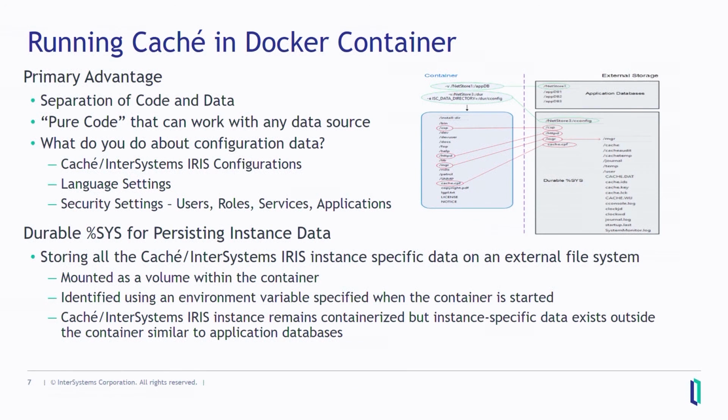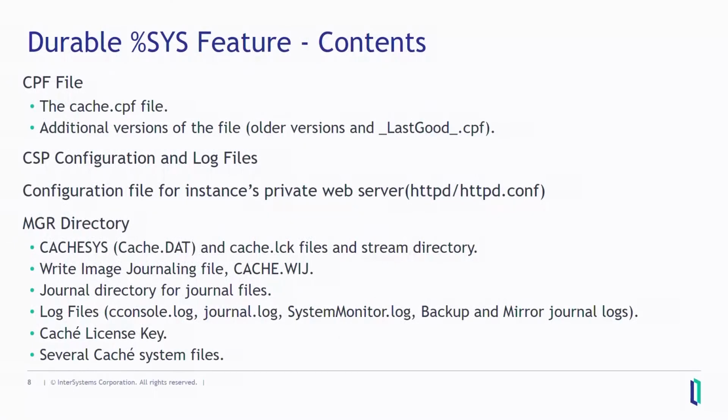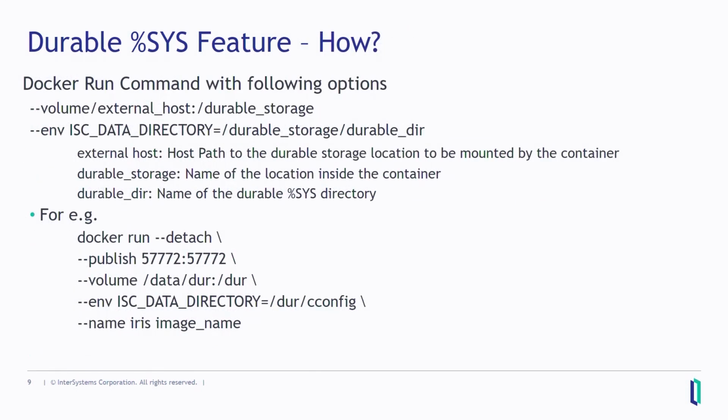And all you are doing is specifying an environment variable, which we call ISC_DATA_DIRECTORY, which holds that location, and it copies your entire cache sys directory and the sys.dat into that location. These are the things that we copy as part of the %sys feature.